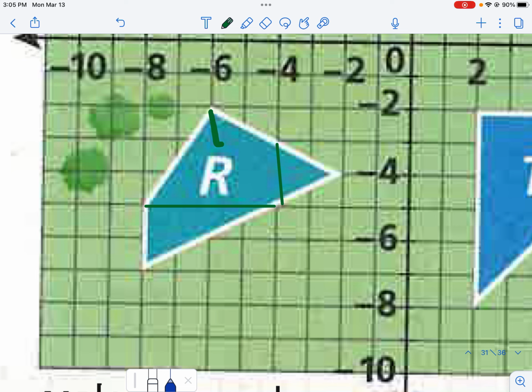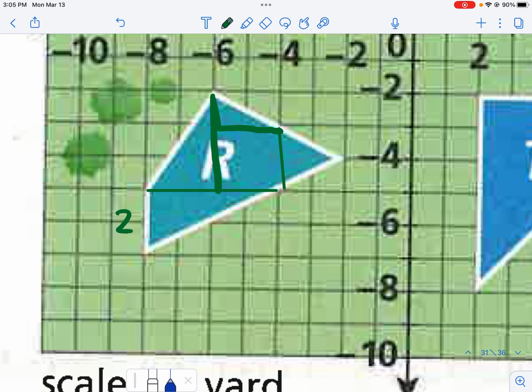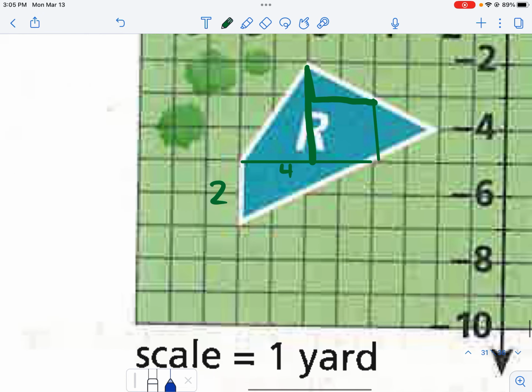This will make a right triangle. And then this will make a right triangle. Whew, it's a lot of work. So this is 2. And this is 1, 2, 3, 4. That's a 4 by 2 there.